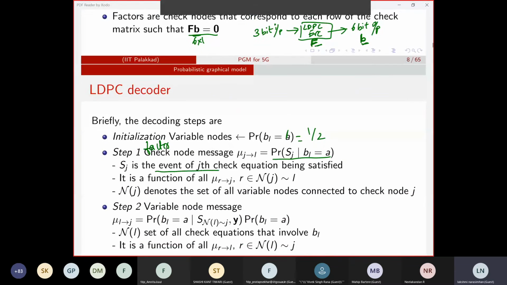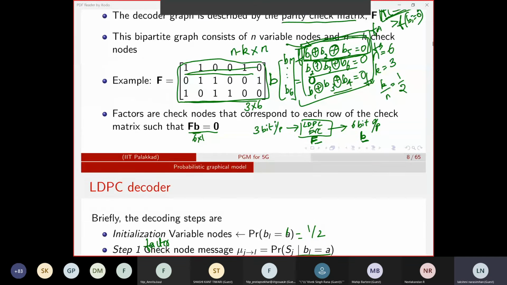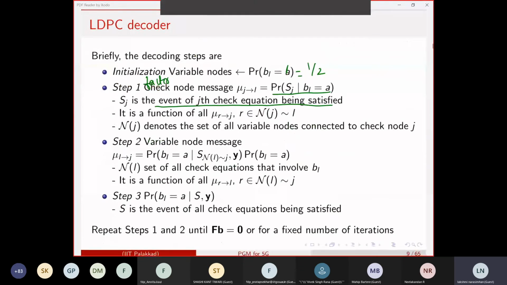That is, the event of the check equation being satisfied, meaning that this row, or this factor function fa, what is the likelihood that it gets satisfied? That is the probability. That is the value of the function fa. If I want to evaluate fa, then fa in this case is nothing but the likelihood of this check equation being satisfied. So that is the message that we compute here.